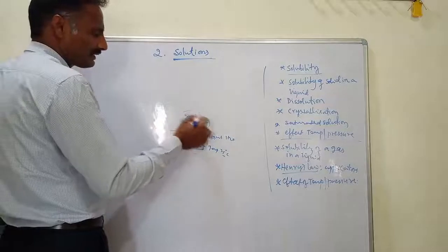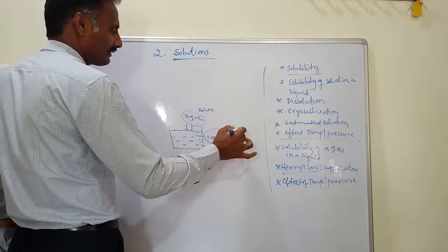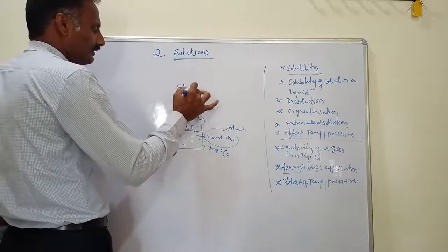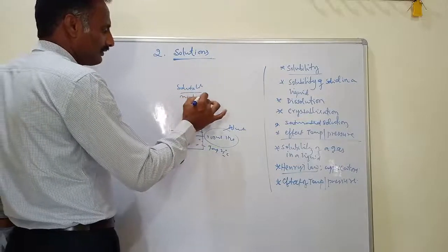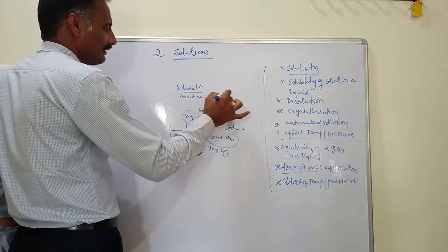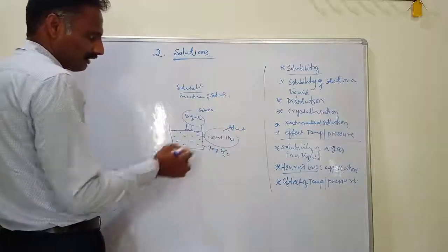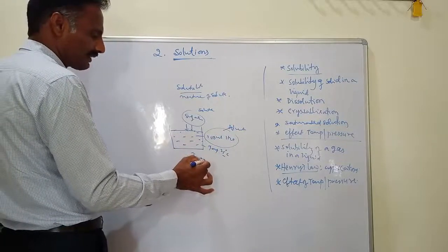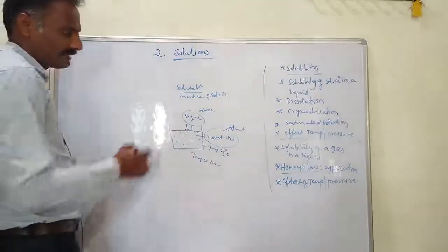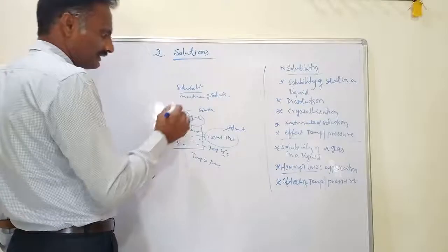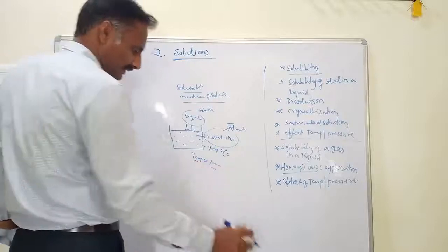Here sugar is called the solute and water is called the solvent. The solubility of sugar in water depends upon the nature of solute, the nature of solvent, and also temperature and pressure. As temperature and pressure vary, solubility also varies. These are the factors that affect solubility: the nature of solute, the nature of solvent, and temperature and pressure.